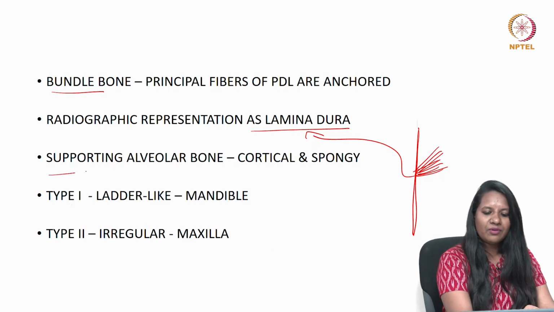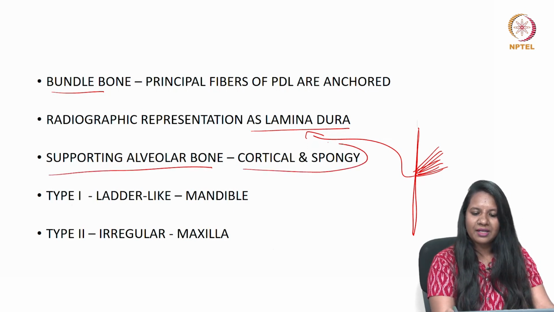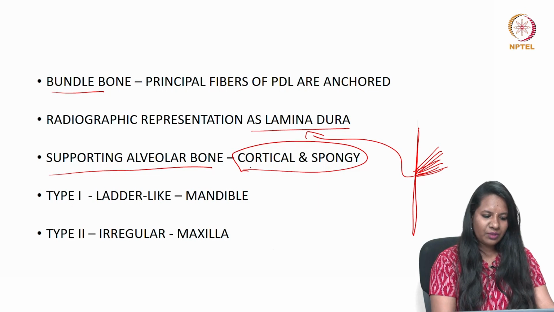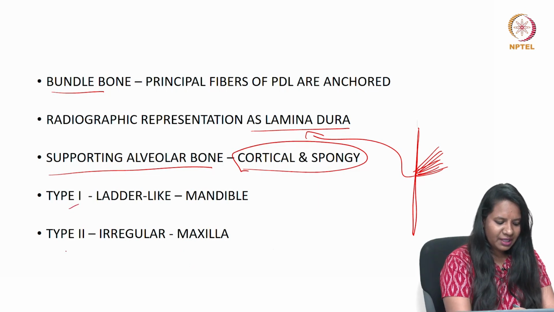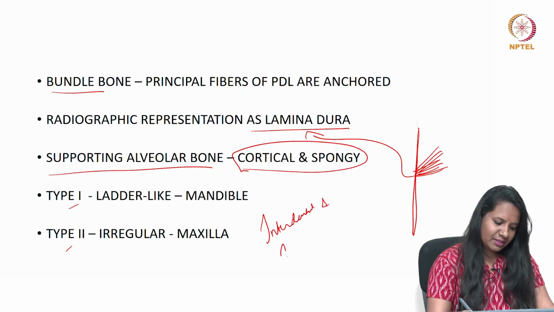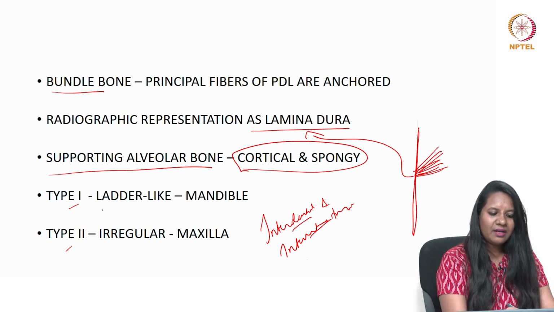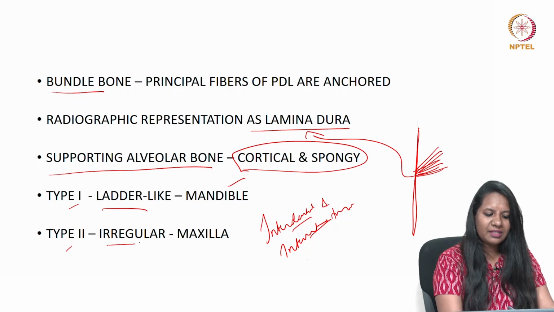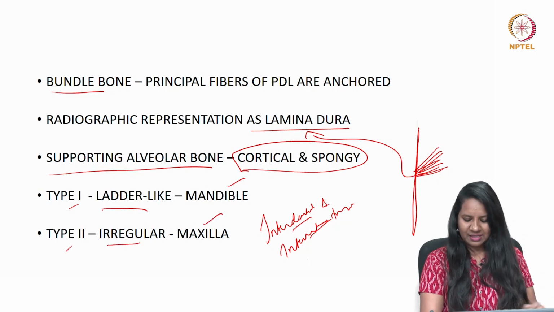The supporting alveolar bone consists of cortical and spongy bone. There is something called type 1 and type 2, that is the interdental and interradicular trabeculae, which are ladder-like in the mandible and irregular in the maxilla.